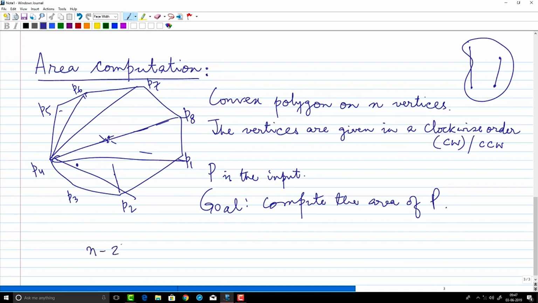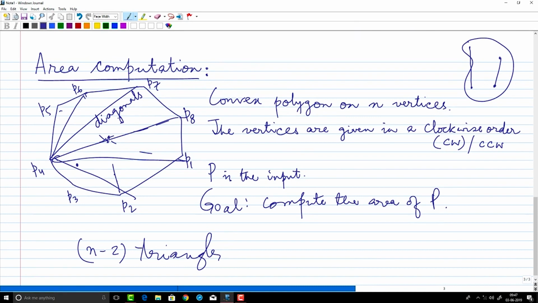So, n minus 2 triangles, and these line segments which are within the polygon and obtained by joining the vertices of the polygon are known as diagonals. Okay.